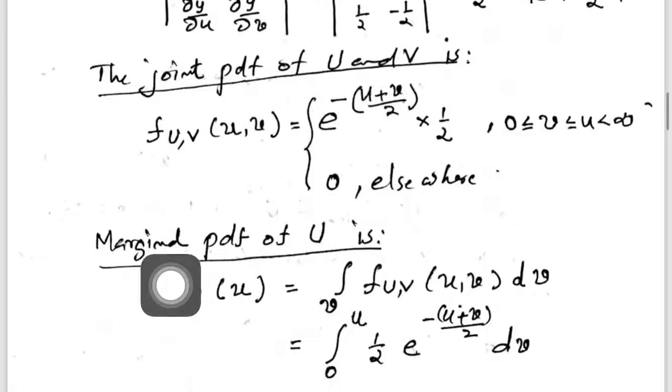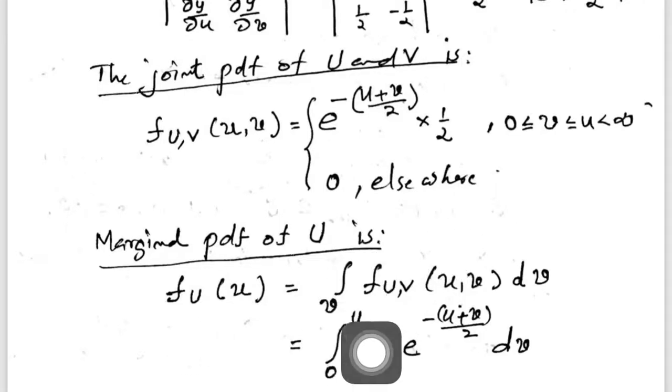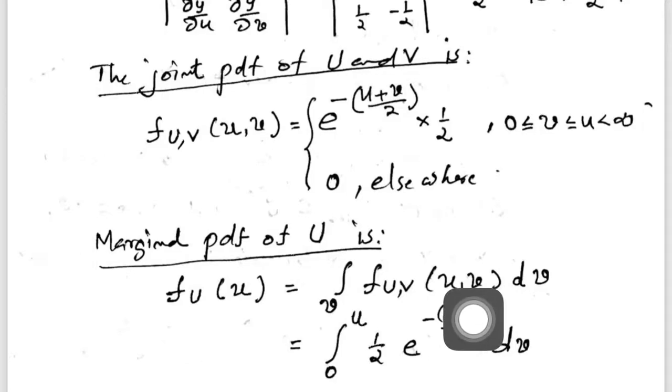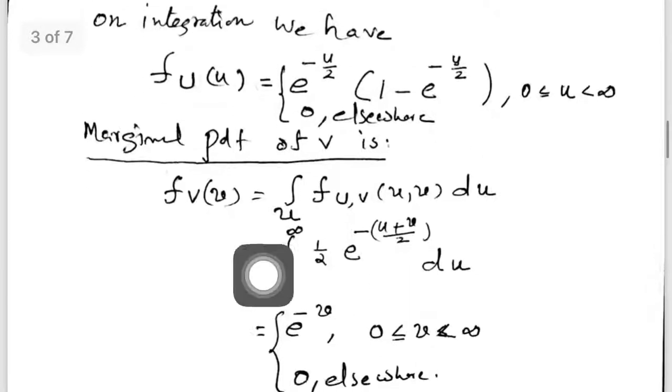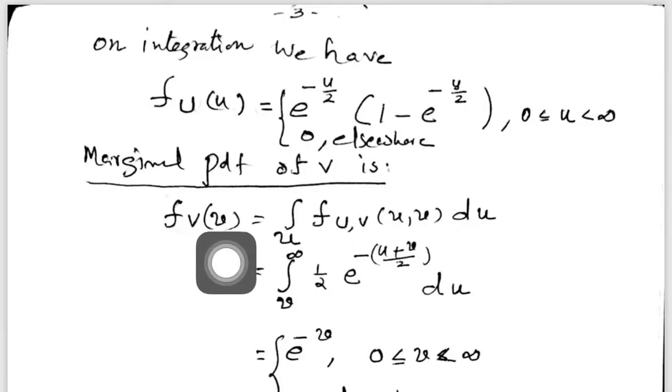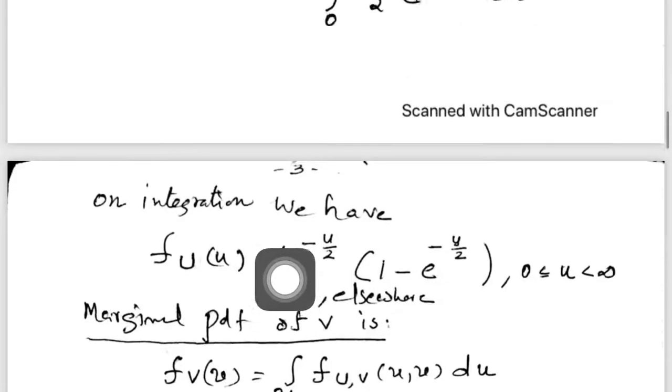How is the marginal density of u obtained? The marginal density of u, which you represent as f_U(u), is equal to the integral of the joint density with respect to v. Similarly, the marginal density of v, f_V(v), is the integral of the joint density with respect to u. This is the usual procedure.